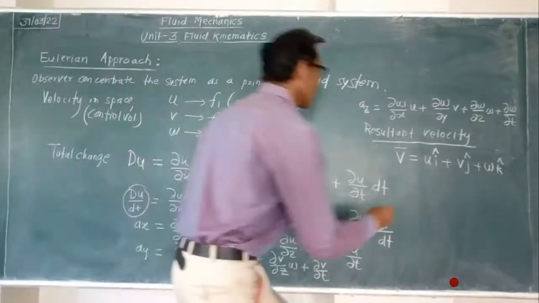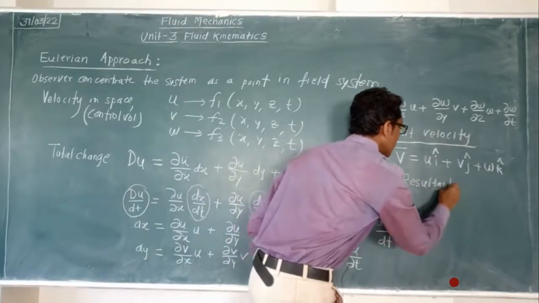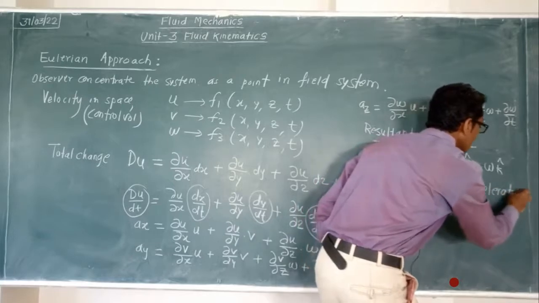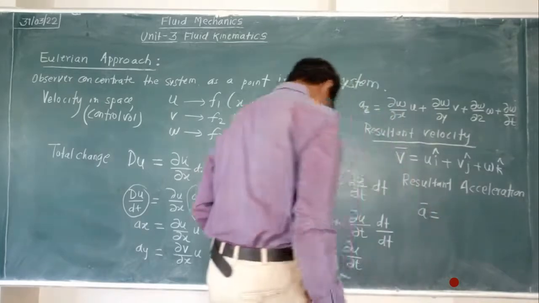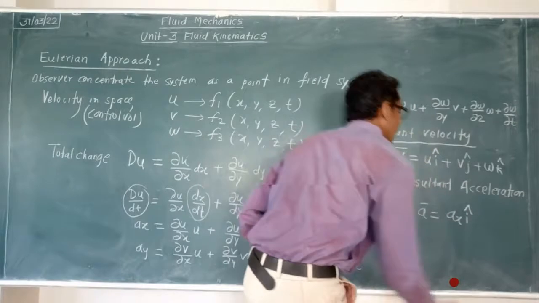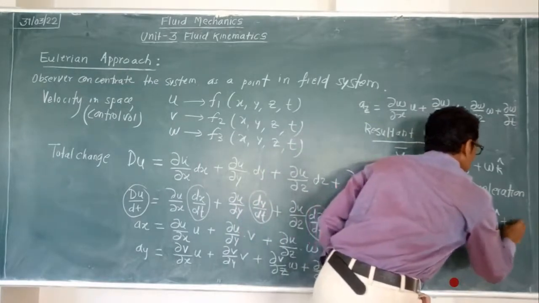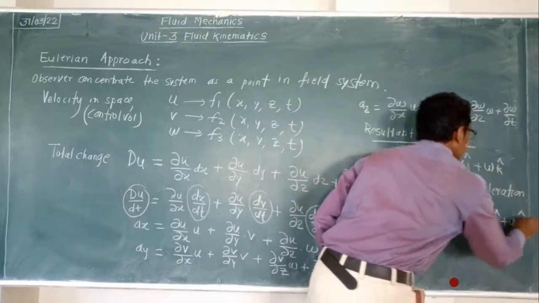Okay, resultant acceleration, that we write as a bar, same way, ax into i hat plus ay into j hat plus az into k hat.